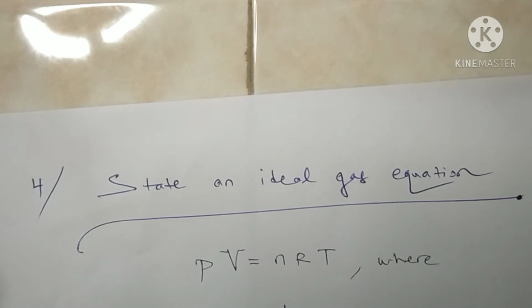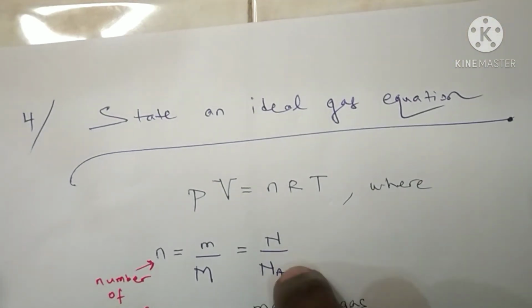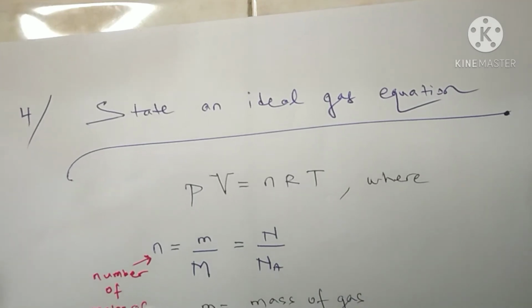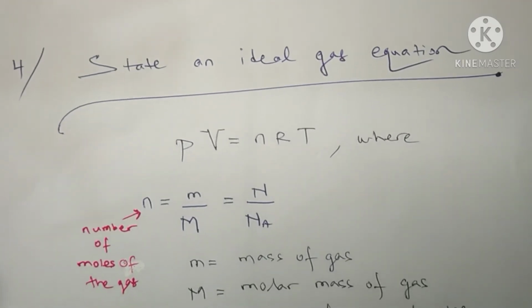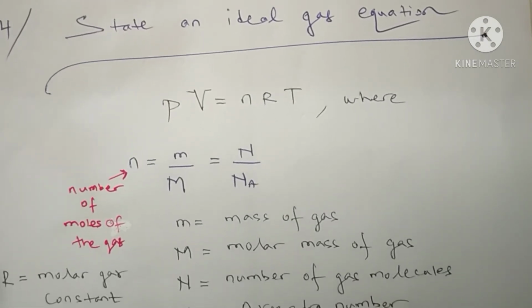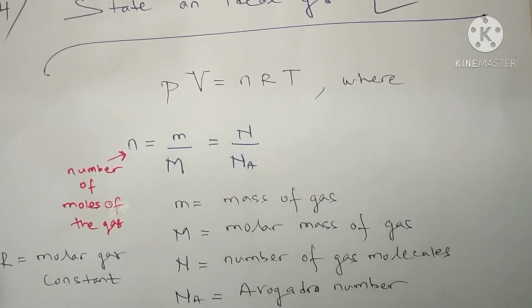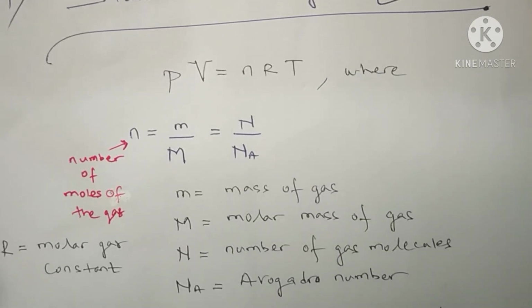Number of moles of the gas also can be written in this form, where small letter m is mass of gas, capital letter M is molar mass of gas, capital letter N is number of gas molecules, and Na is Avogadro number. Please take note, Avogadro number.